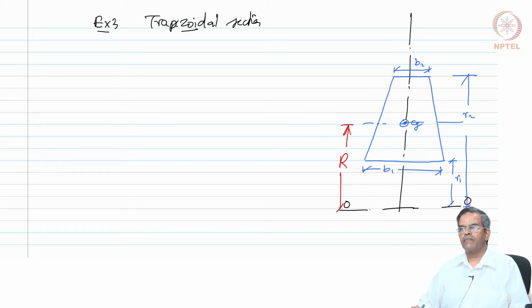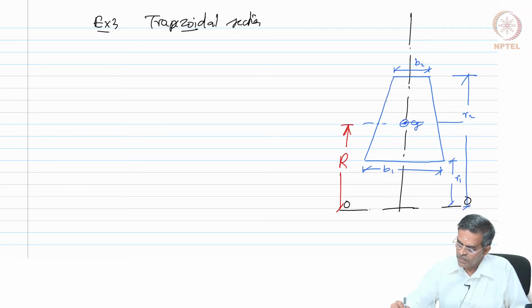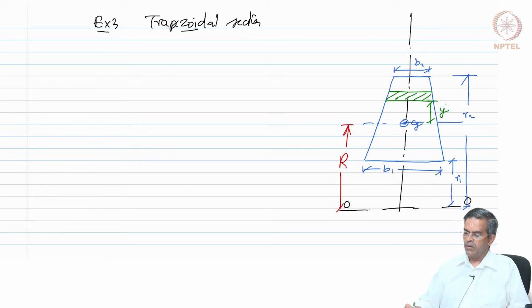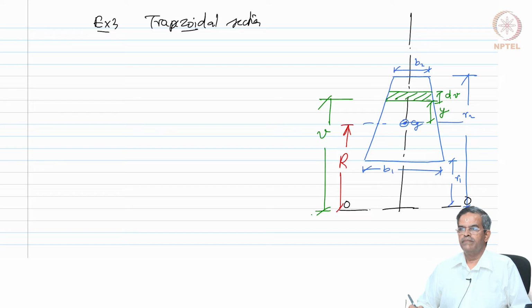Okay. Then we will also mark a strip at a distance y from the centroidal axis. We call this dV, and let the strip be cut at a distance V from the plane of reference. Okay.